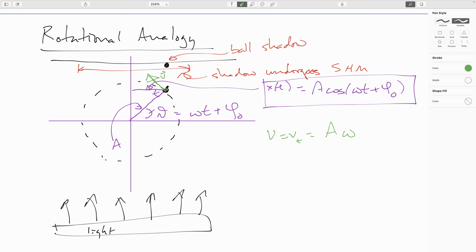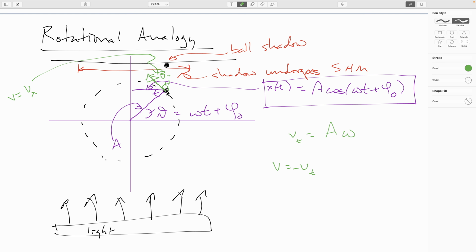All right. And then this bit here would be the x component of the velocity, which would be the velocity of my shadow. So I'll say v tangential here, because my shadow's velocity I'm just going to call v. So v here will be equal to v tangential, and I'll have you think about it in all four possible quadrants, but in each case you can convince yourself that you need to have a minus sign in front of there.